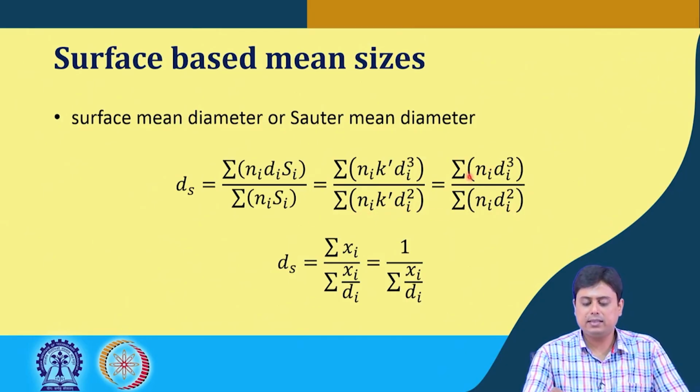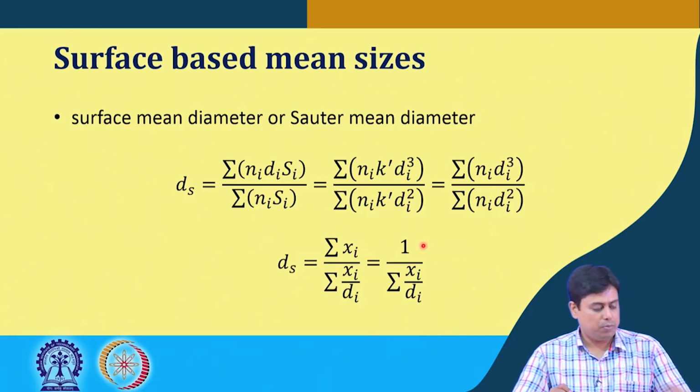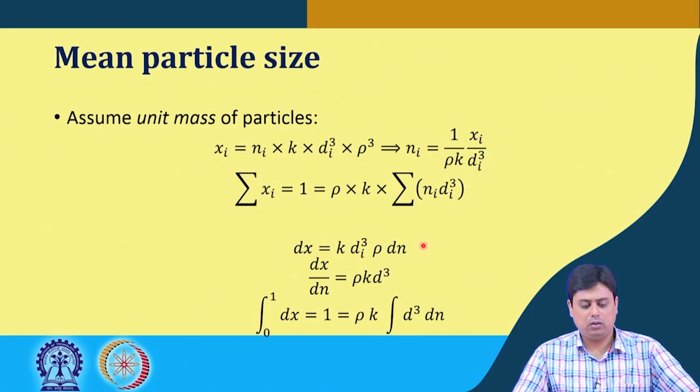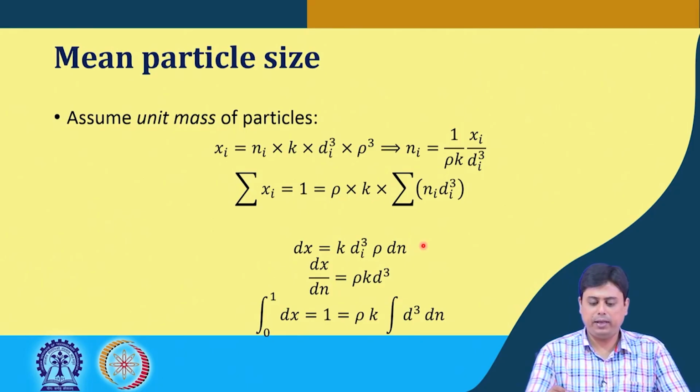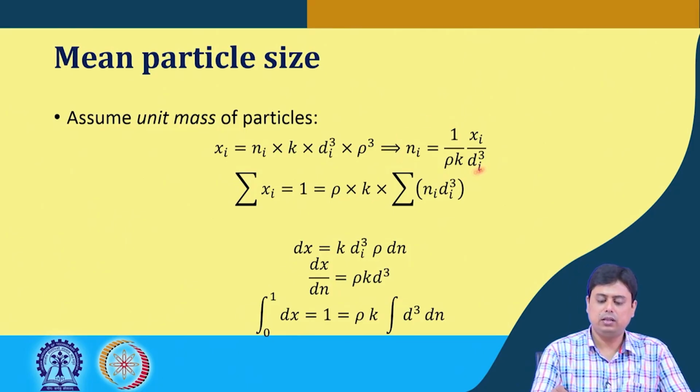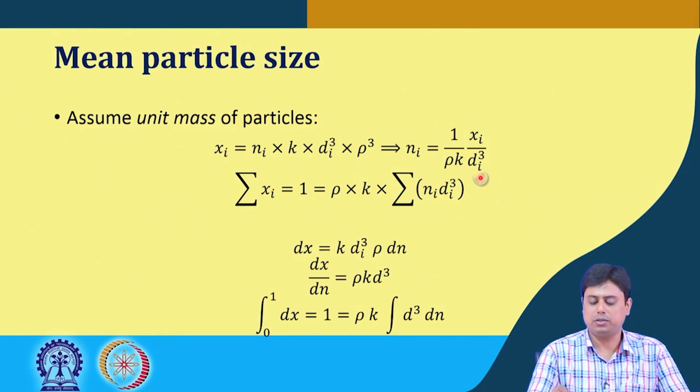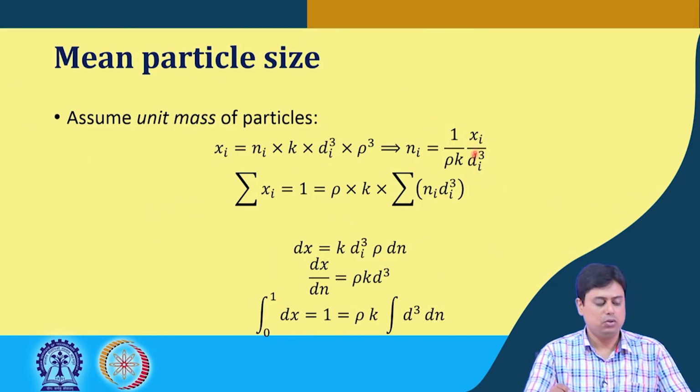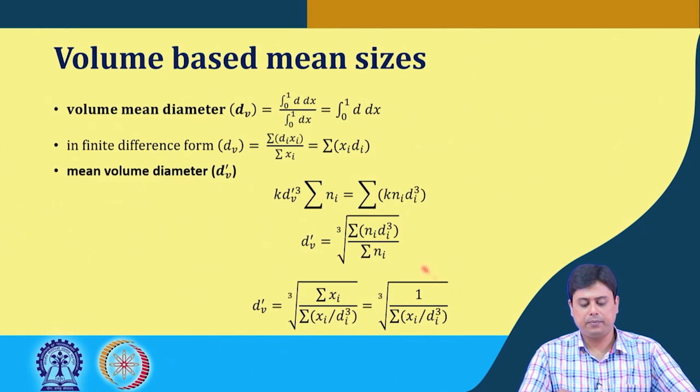When we again replace this n with the expression of x, we get this value. So basically, again, let me go back for those who are not getting this point: this is the expression that we have seen before. So ni and xi: we are now replacing wherever the number, and this is the mass fraction.